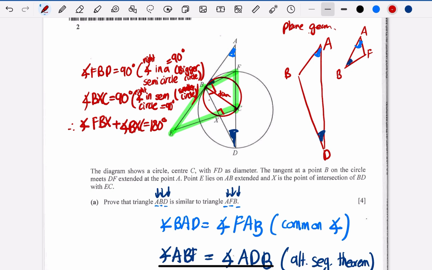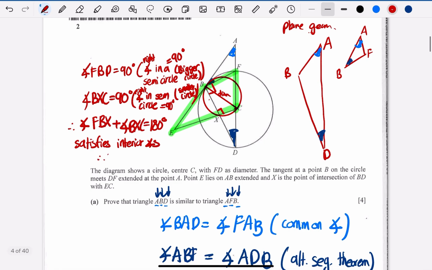And this satisfies one of our rules in E-math, which is interior angles, and therefore we can conclude that BF is parallel to the line XC. And since XC is just an extended version all the way to point E, BF is also parallel to EC.